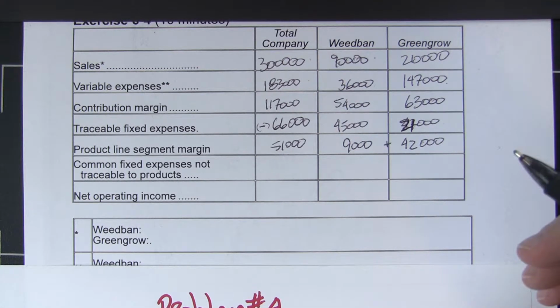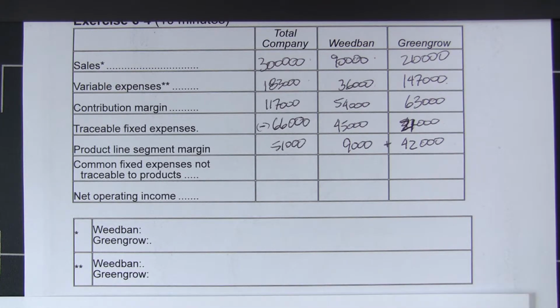Now, this company has decided that the common fixed expenses cannot be traced in any way. That's fairly common. These are the costs that it doesn't make sense to attribute to either division. This is the company president's salary. This is the cost of upkeep of the parking lot. It's not going to vary, so it doesn't make any sense to add it to one or the other.